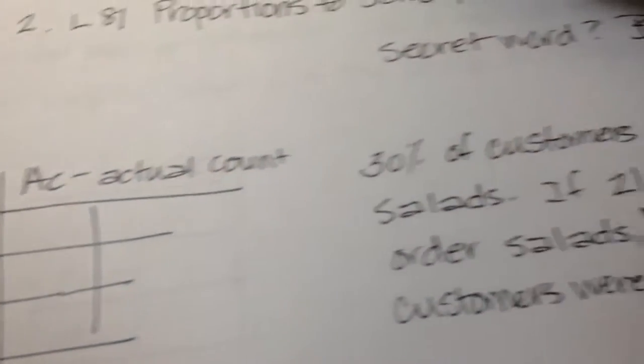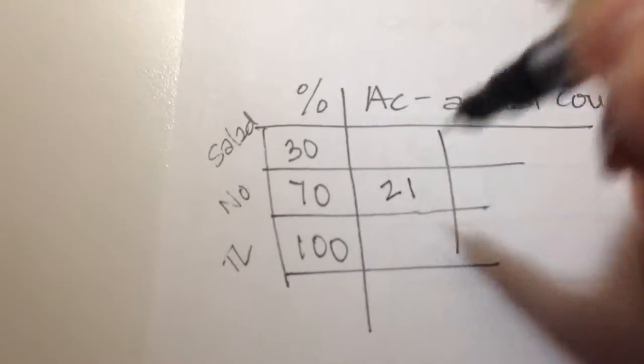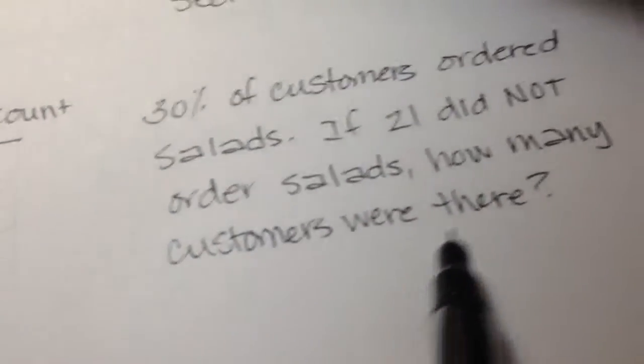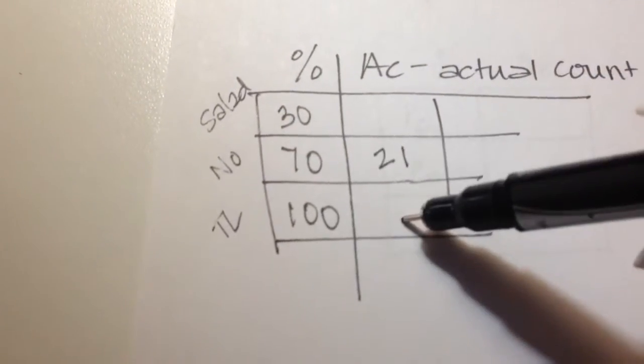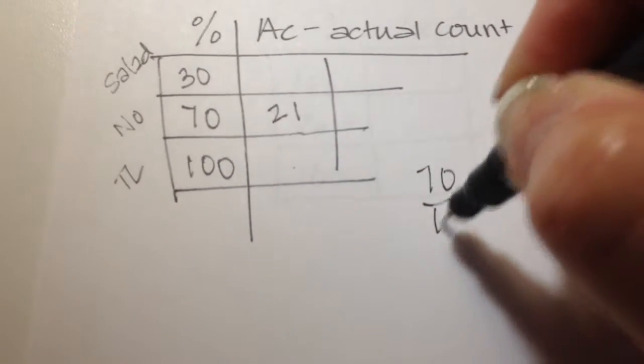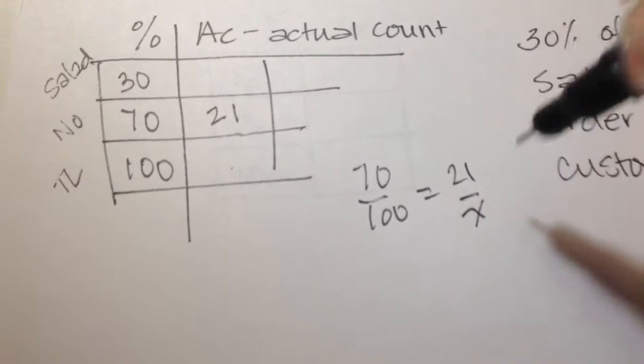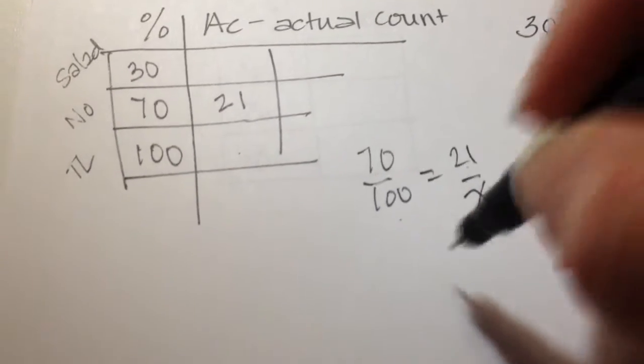Now I'm told that 21 did not order salads. So I'm going to put that with my nope. And it's asking how many total customers were there. So I'm going to use these boxes for my comparison, for my proportion. So 70 is to 100 as 21 is to x. Cross multiply.